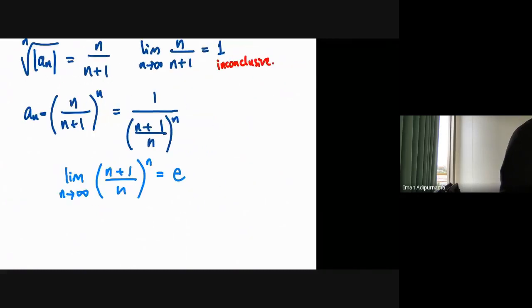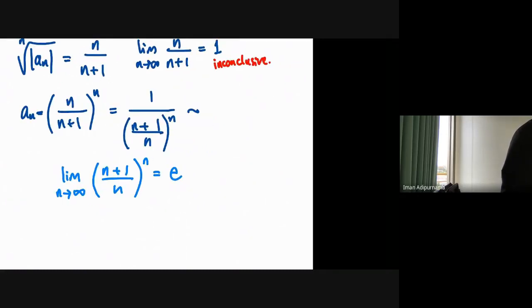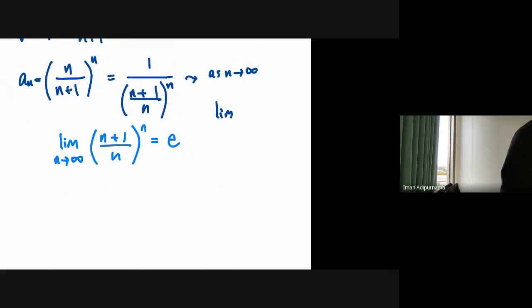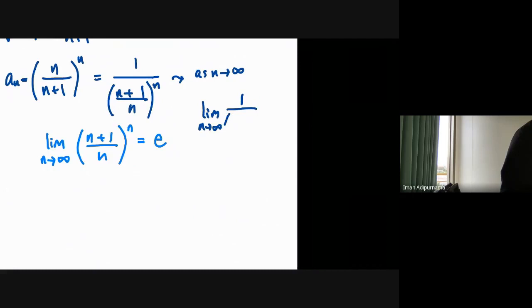So I can write here, as n approaches infinity, the limit of 1 over that is equal to 1 over e.